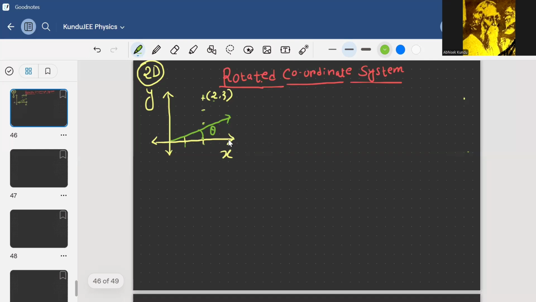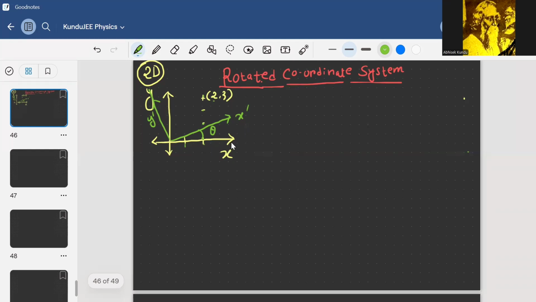So, this x-axis will be rotated by angle theta, and now the new x-axis will be x dash axis, and at the same time y-axis will also be rotated by angle theta. This is, let's say, y dash. So initial coordinate system is x and y, shown in yellow color, and the new coordinate system I have rotated, that is x dash y dash, is shown in green color.